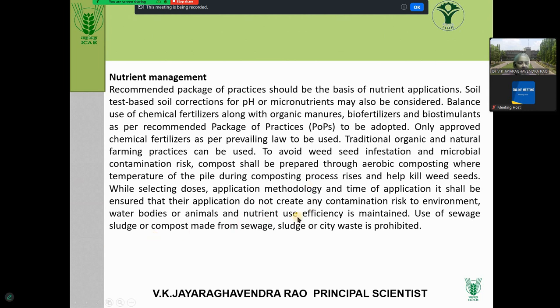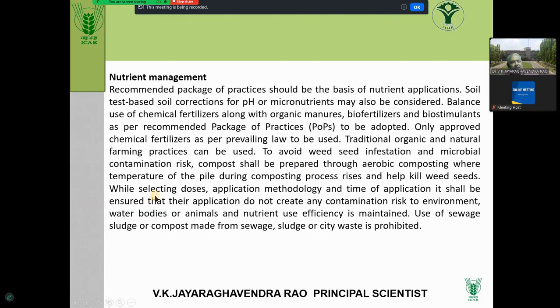You cannot directly use sewage sludge, and your toilet waste cannot be put into the field, because that's highly toxic. Suppose you take the BBMP waste; you cannot put it in as an organic farming fertilizer, because there will be so much toxicity, heat is produced, and a lot of viruses and diseases.